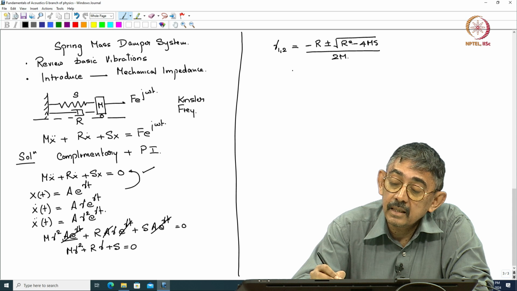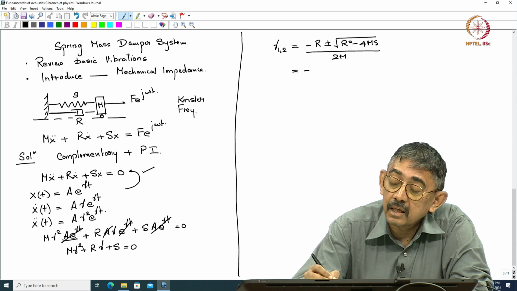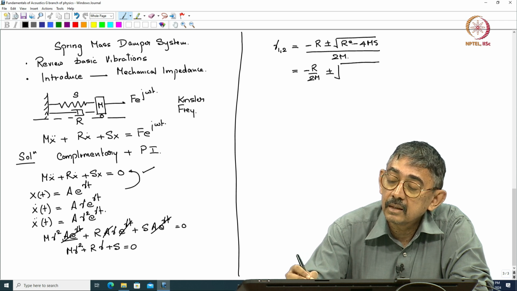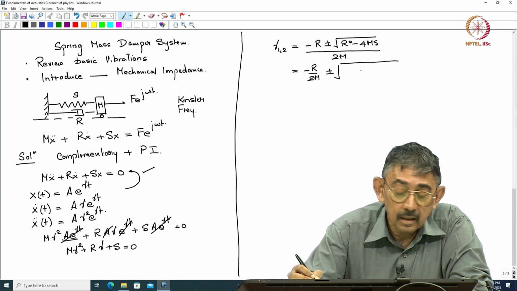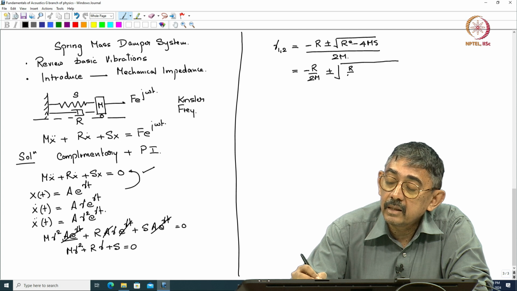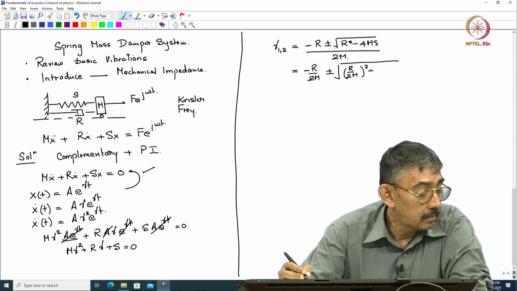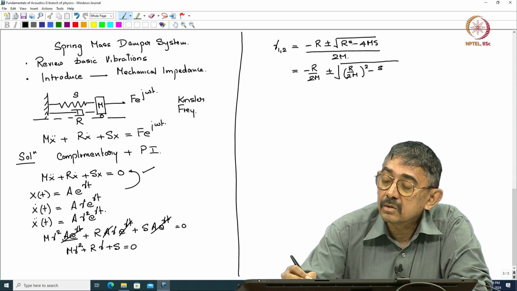Now this can be written as minus r by twice m plus or minus square root of r by 2m whole squared minus s over m.